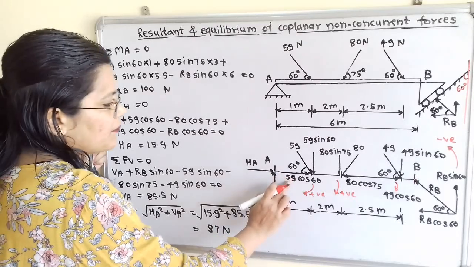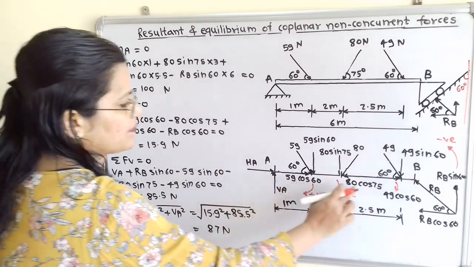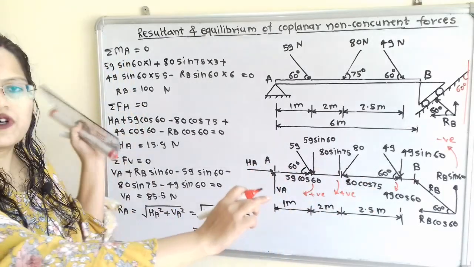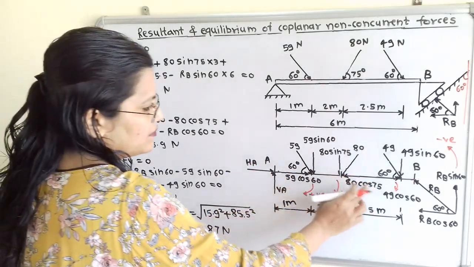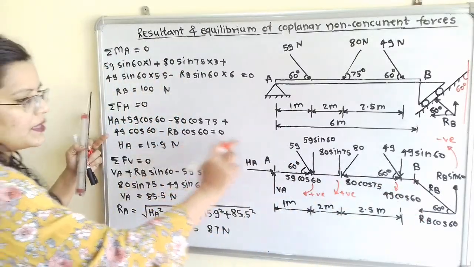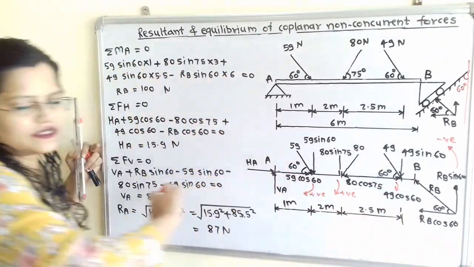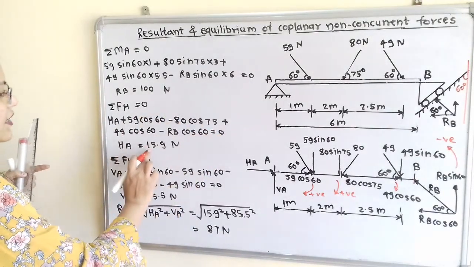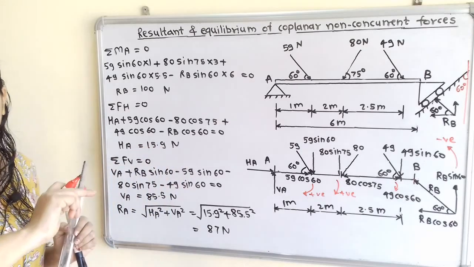HA plus 59 cos 60 minus 80 cos 75, because its direction is towards the left hand side, plus 49 cos 60 minus RB cos 60. If we solve this, we will get HA as 15.9 Newton.